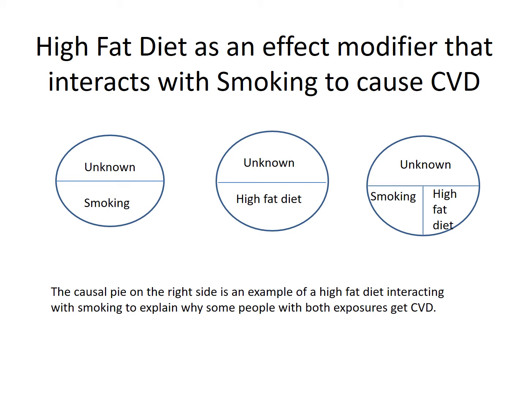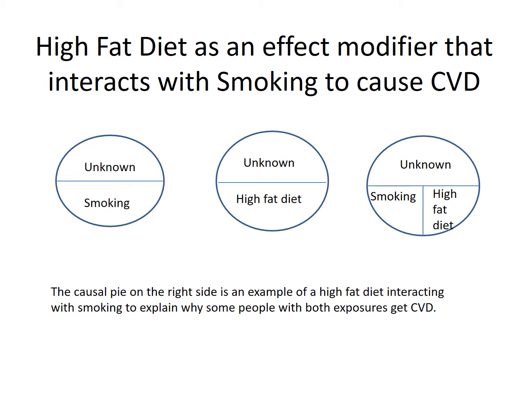The second pie represents all those people who get cardiovascular disease because of having a high-fat diet, and the third pie represents that set of people who would not have gotten the disease if they just smoked or just had a high-fat diet, but they have the risk because they have a combination of smoking and the high-fat diet together.